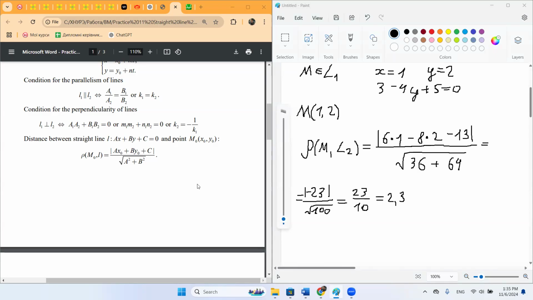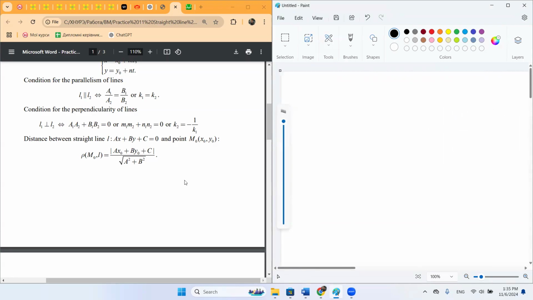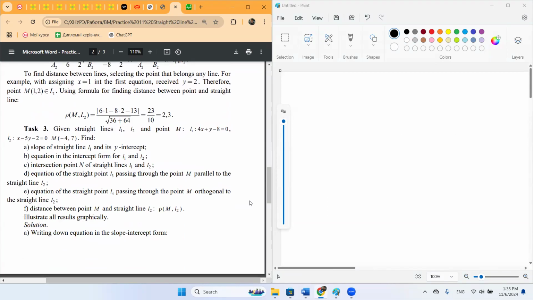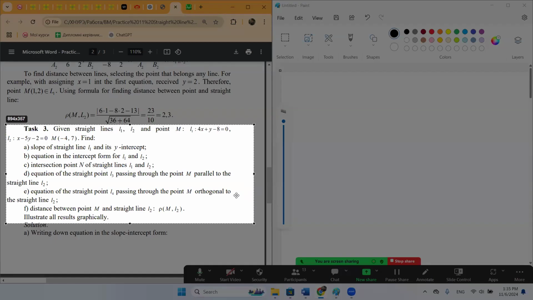Okay, as I see, no questions, so moving forward. Task 3 is quite big, so we will have a lot of work to do.